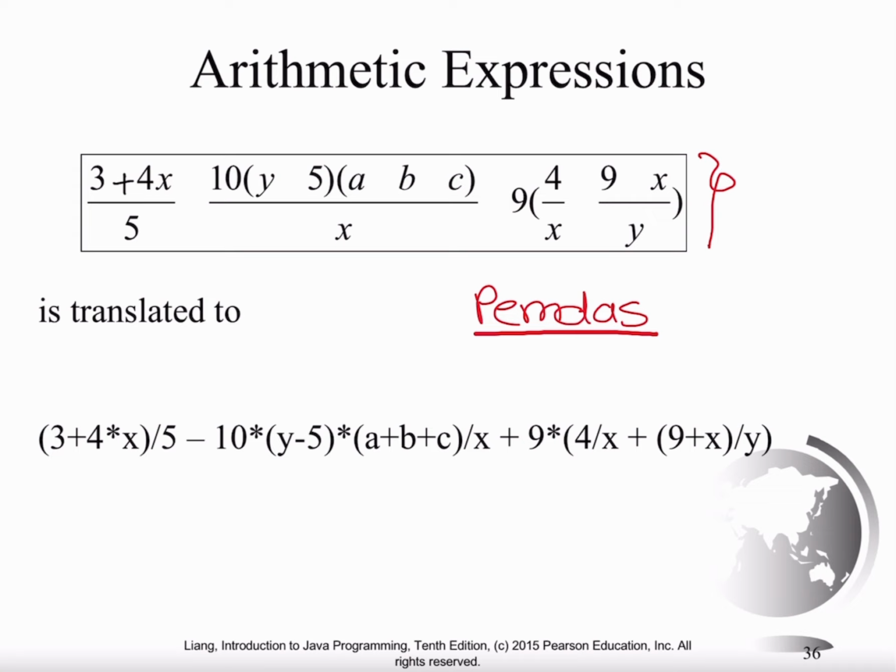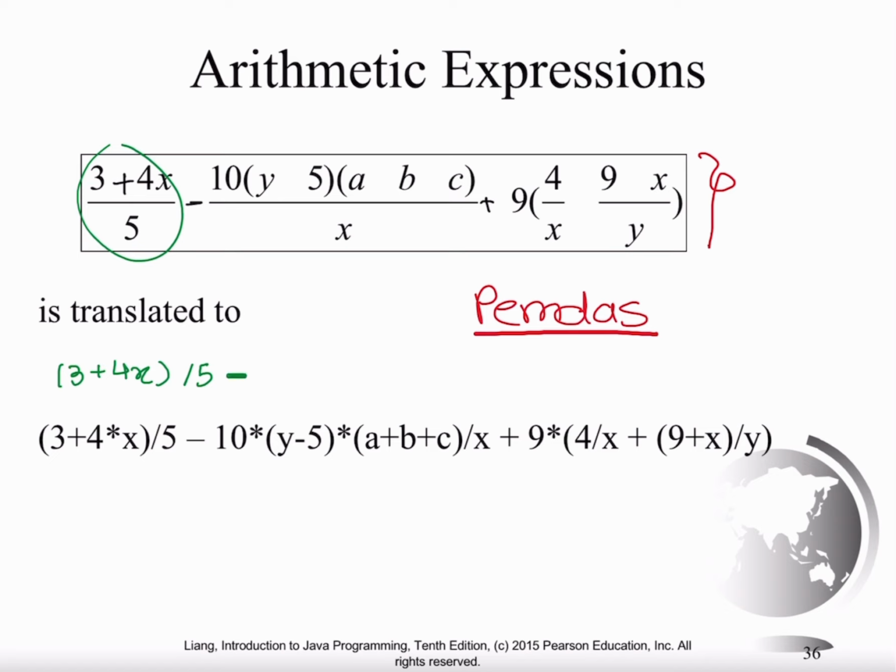So in the beginning, you're going to add 3 plus 4x and then divide it by 5. This is now interpreted here. Now, why add these parentheses? Because if we didn't add them, it will only divide 4x by 5, not the whole thing. So you need to be careful about that point.